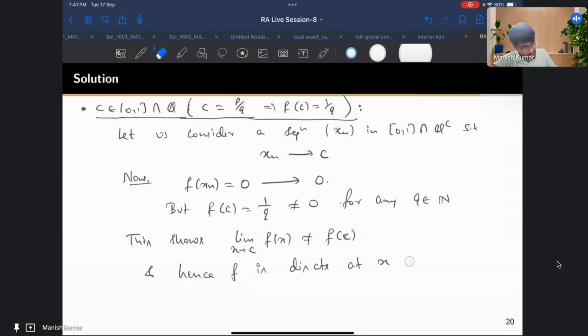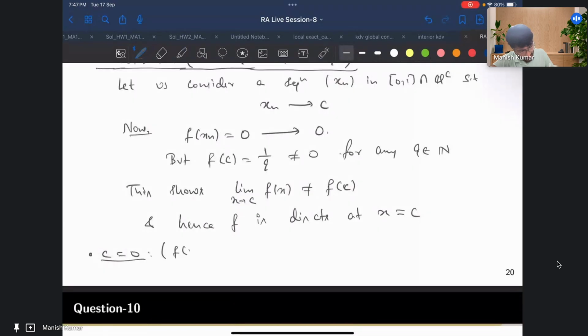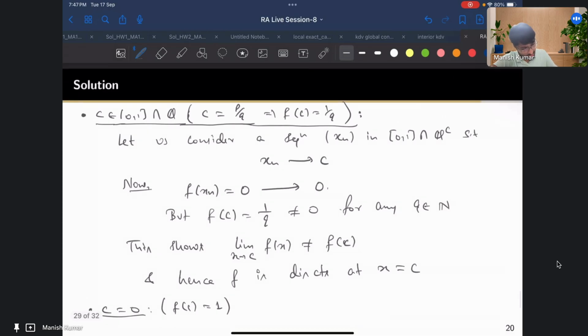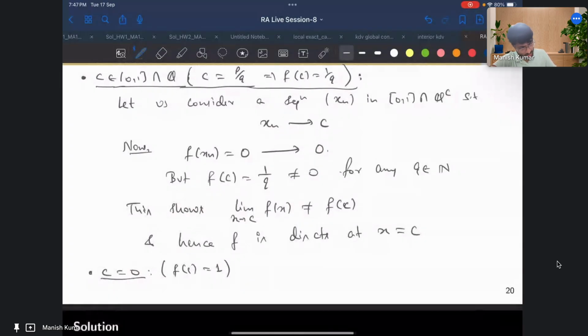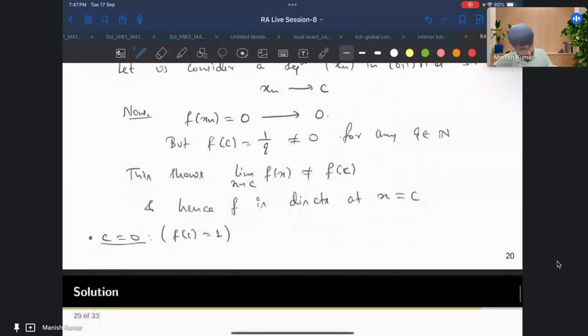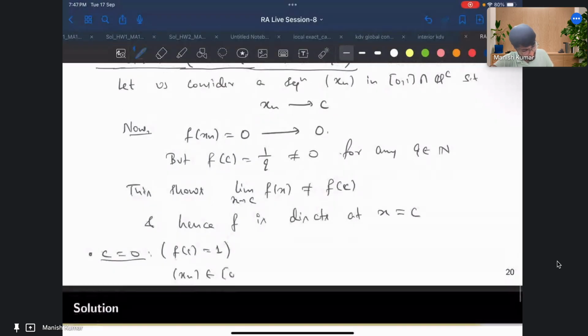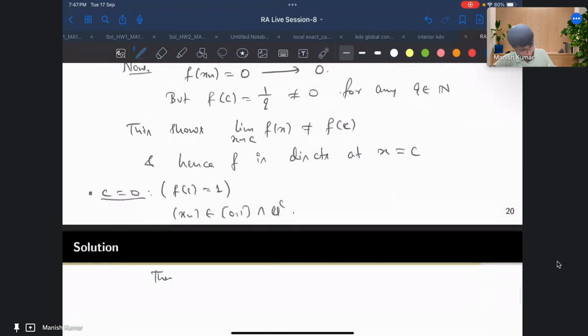Now similarly you can argue for 0 as well. When c is equal to 0, you know what the functional value is? f of c is equal to 1. I just write in short. Consider xn belonging to (0, 1) intersection Q complement, such that xn converges to 0.